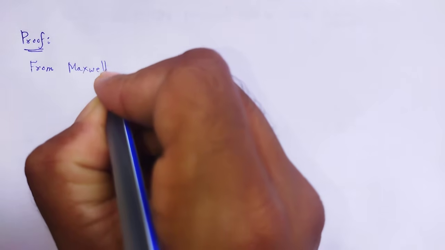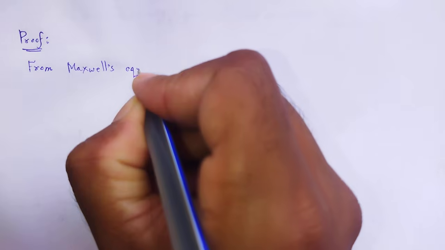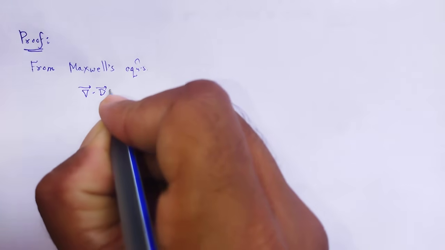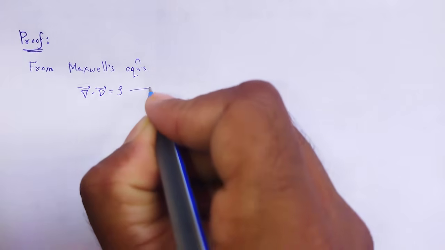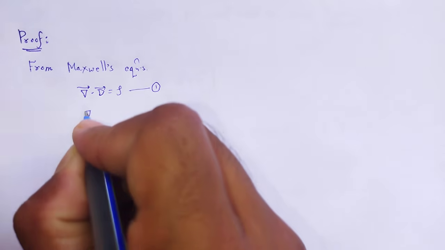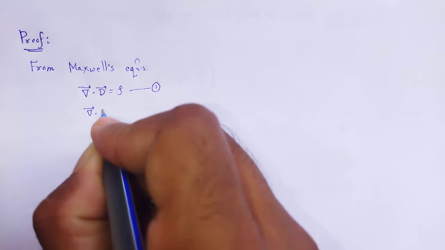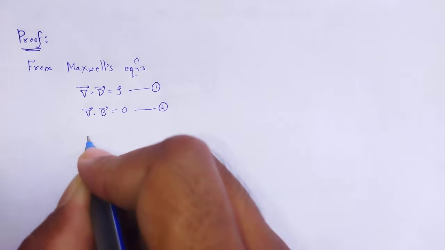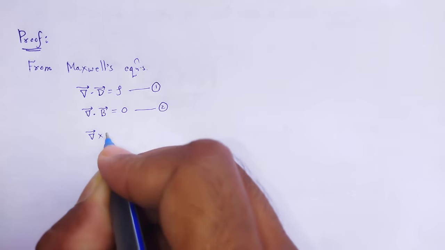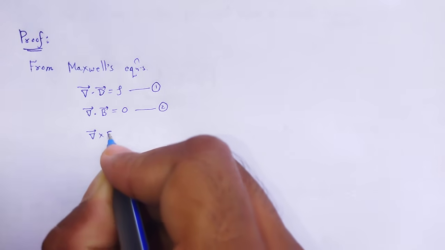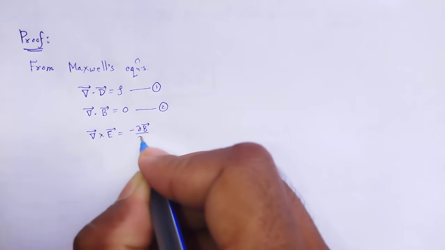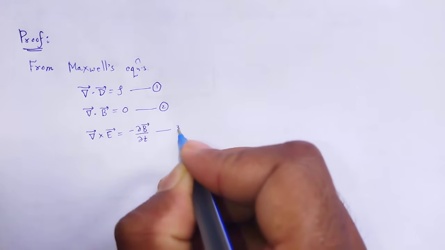From Maxwell's equations: grad dot D is equal to rho, equation number 1. Grad dot B is equal to 0, equation number 2. Grad cross E is equal to minus del B by del t, equation number 3.